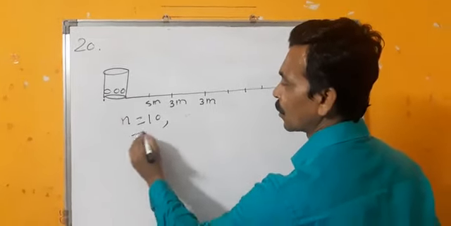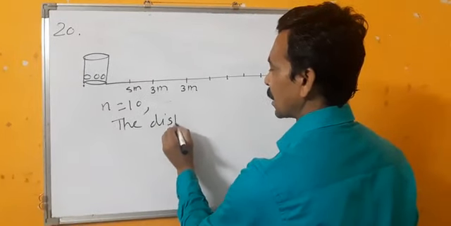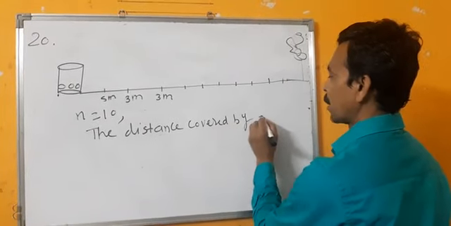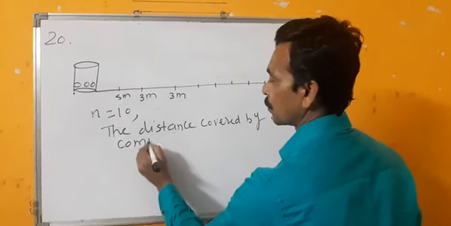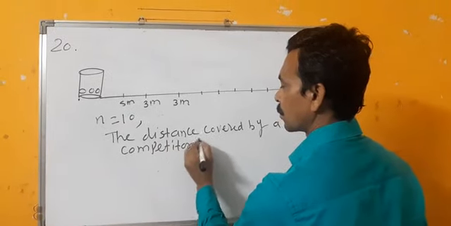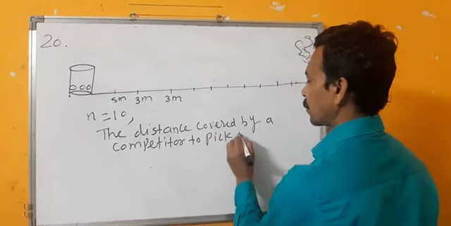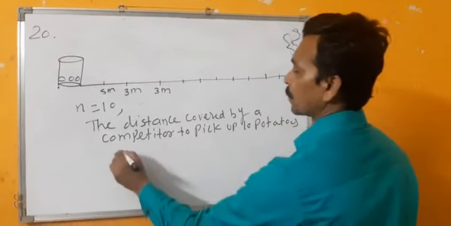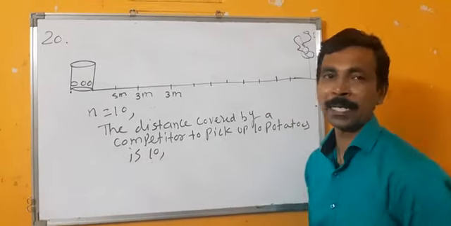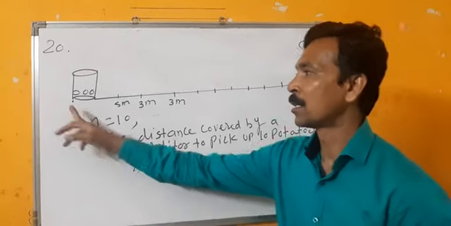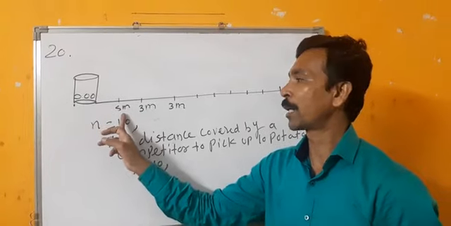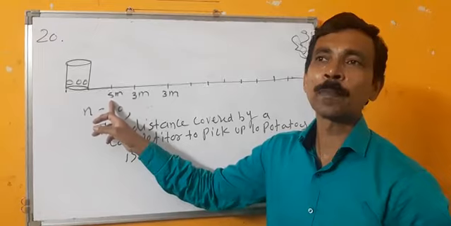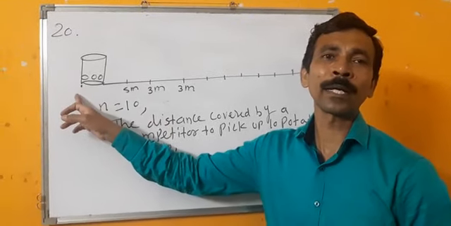The distance covered by a competitor to pick up the first potato is 10 meters. Again I am repeating how 10 meters: from the bucket she goes 5 meters to where the first potato is kept, picks it up, and runs back to keep it in the bucket.